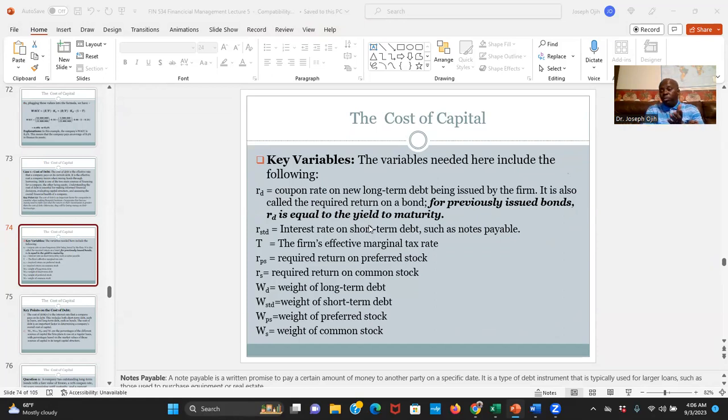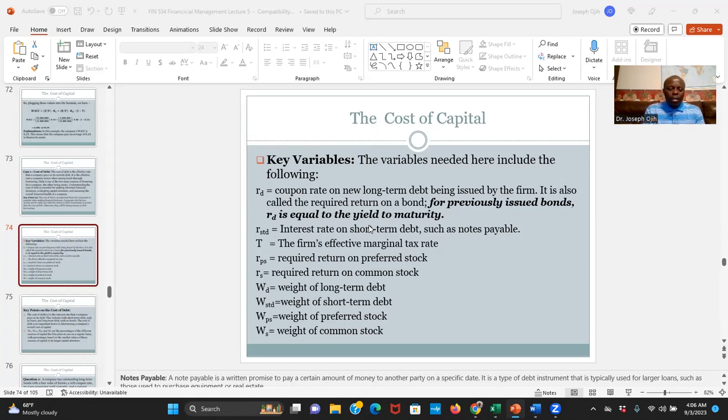Because when a company borrows money, usually they sell bonds and then they pay the coupon to the bondholders. That can be part of the cost of debt. So sometimes we call it the required return on a bond. And for a previously issued bond, the RD can also be called the yield to maturity.